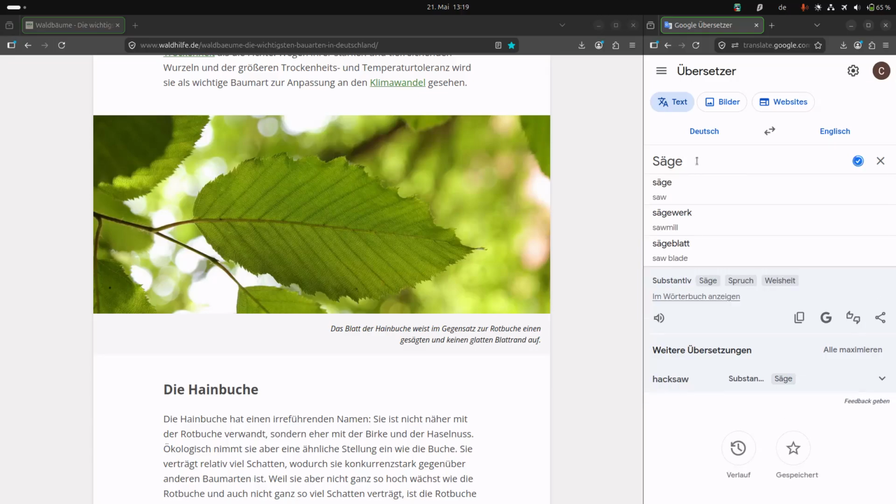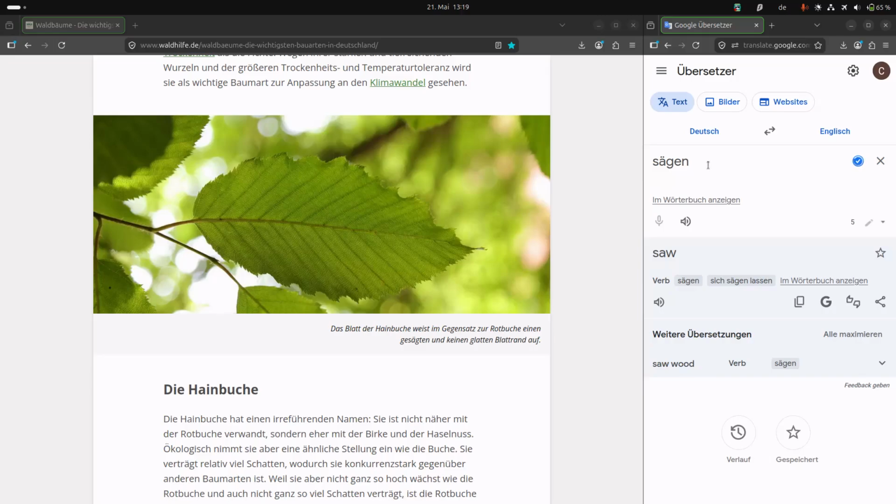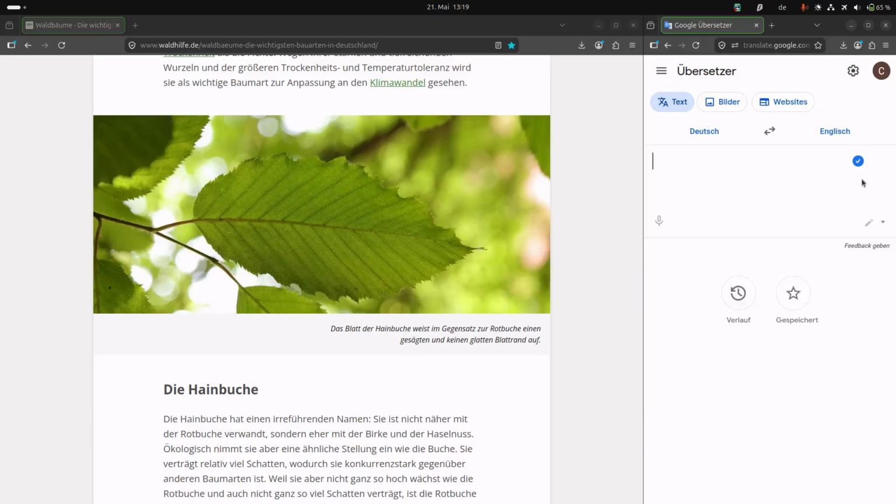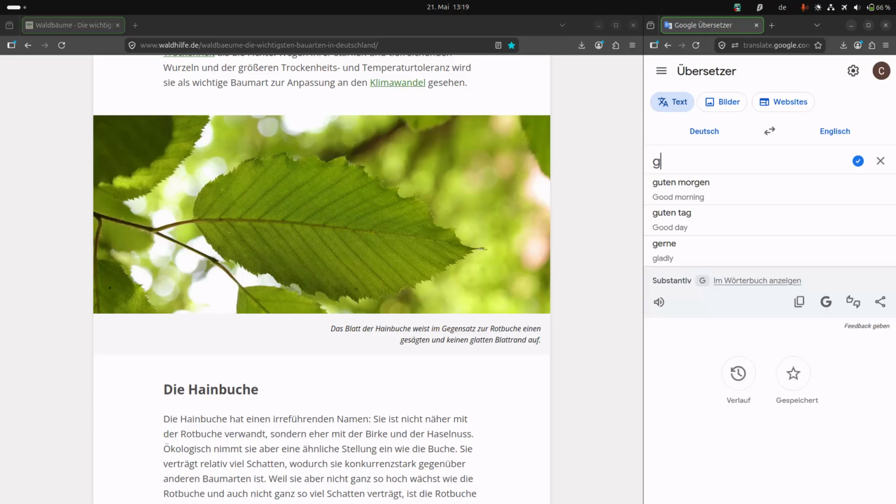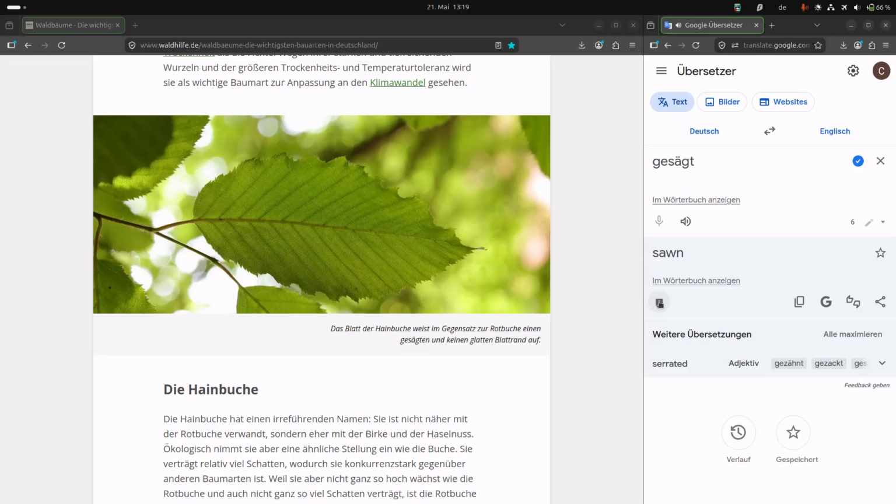Säge is the noun, and sägen is the verb, and Sägen with a capital S is the plural form of Säge, so saw or saws. And gesägt means sawn.